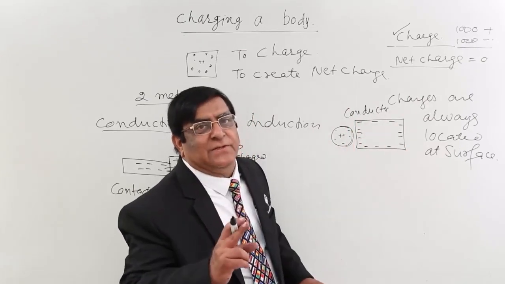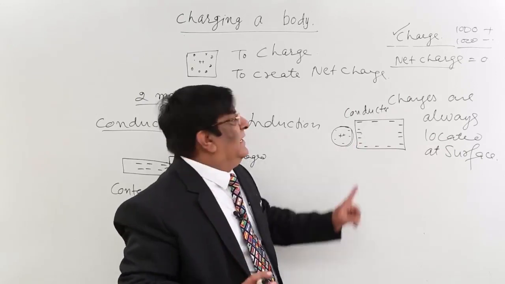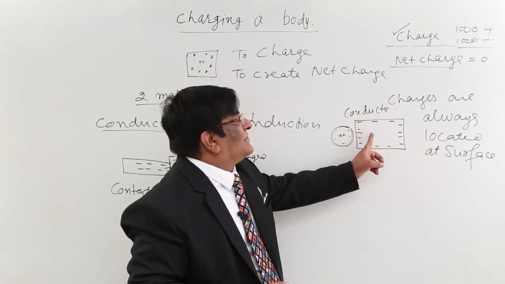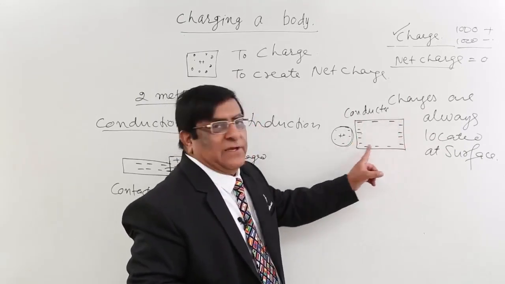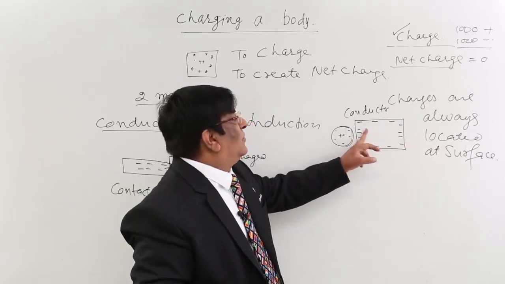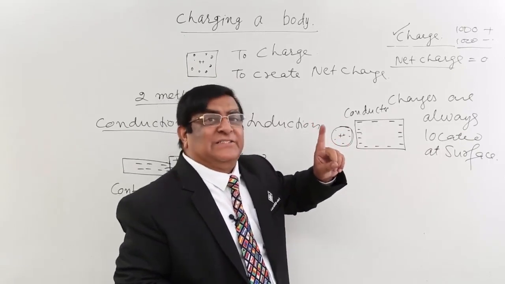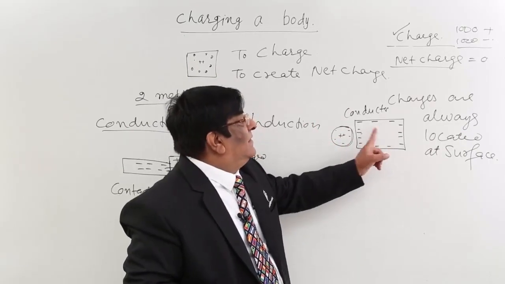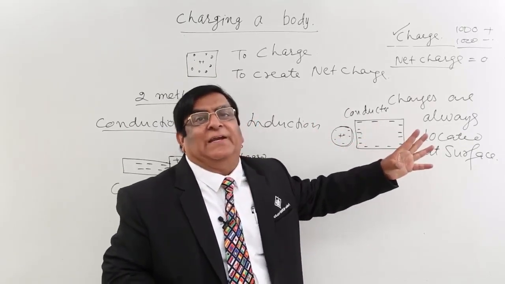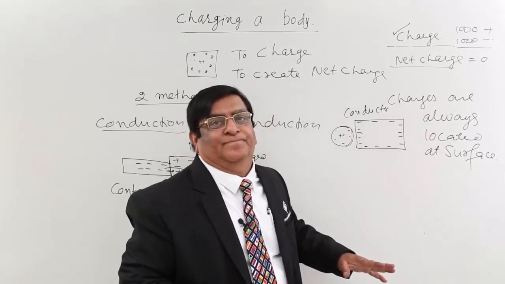So remember this, a very fundamental thumb rule: in a conductor, the excess charge always stays on the surface. It does not go out because the outside air is an insulator. But still they are repelling each other, and if they find a place to go, they will go.